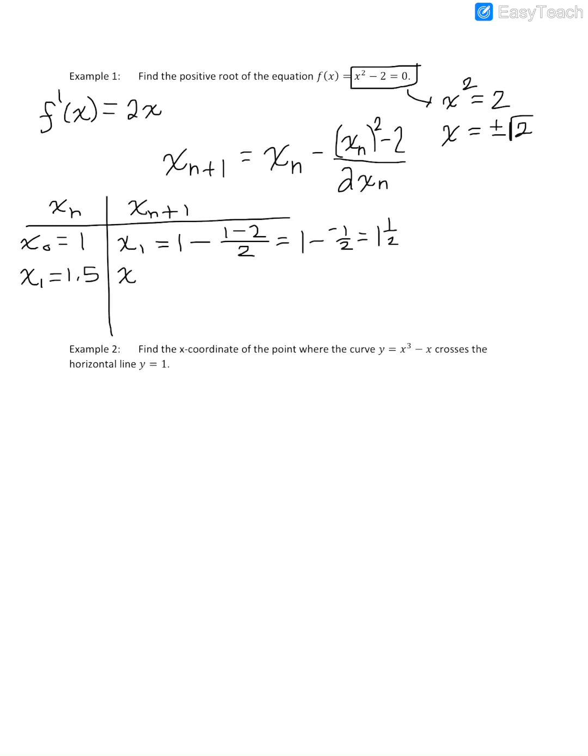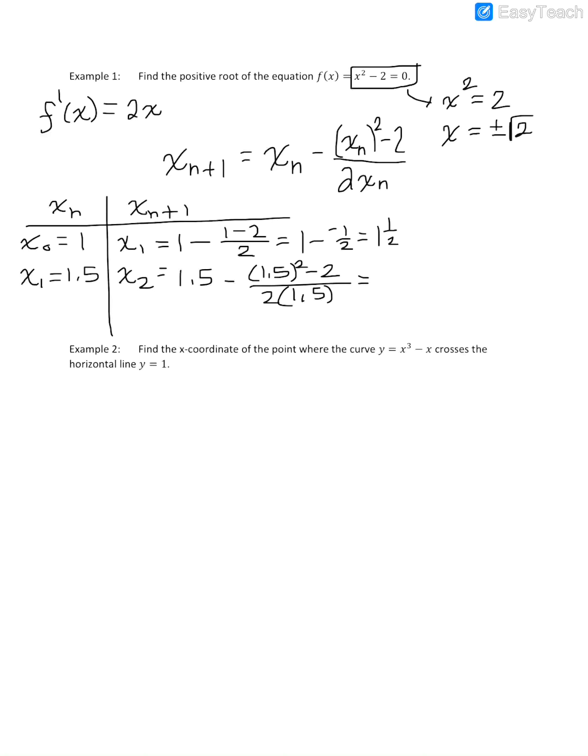So my x2 is going to be the same equation, plugging in the 1.5. So 1.5 minus 1.5 squared minus 2 over 2 times 1.5.